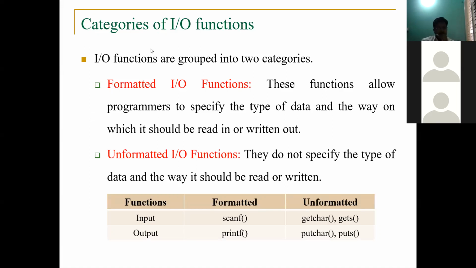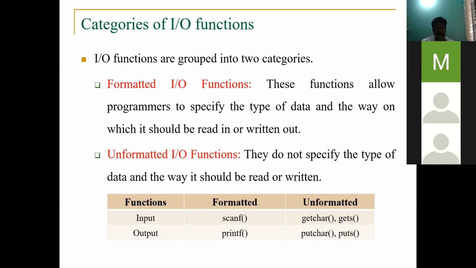To begin with, the input output functions in C are broadly classified into two categories. The first is the formatted input output functions, and the second is the unformatted input output functions. The formatted functions allow programmers to specify the type of data and the way in which it should be read in or written out.